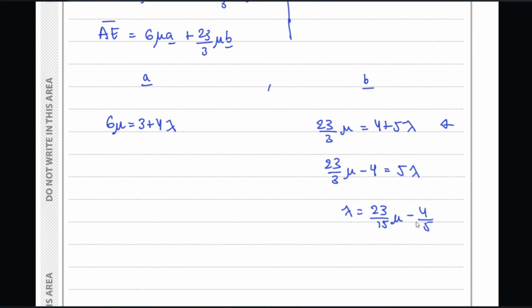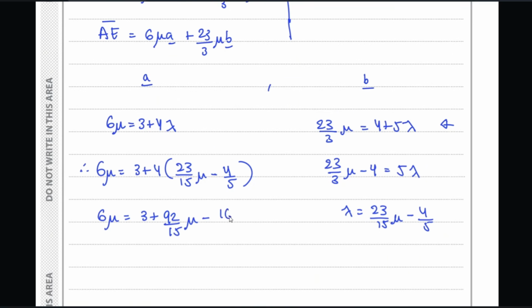And we'll substitute this in the equation on the left side. So 6 mu is equal to 3 plus 4 times 23 over 15 mu minus 4 over 5. So 6 mu is equal to 3 plus 92 over 15 mu minus 16 over 5.